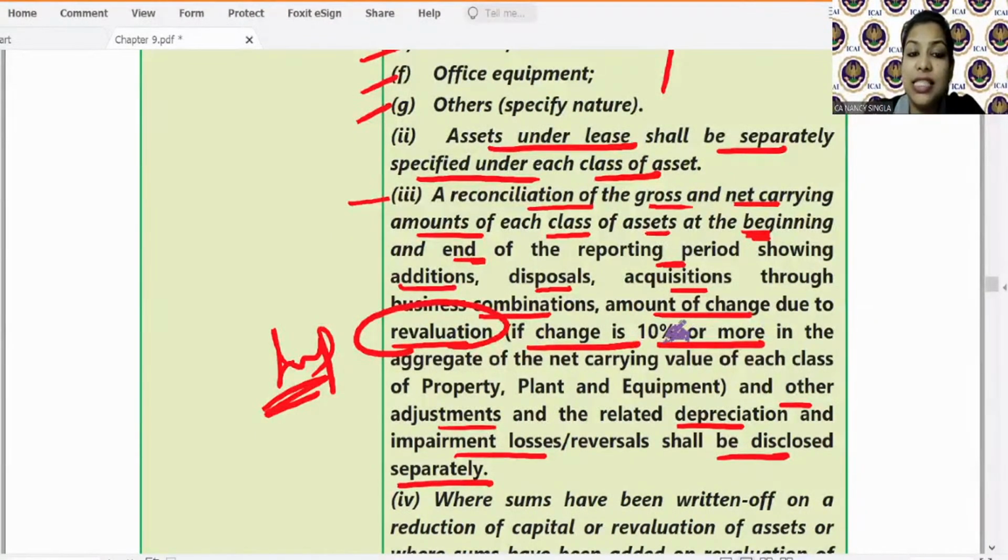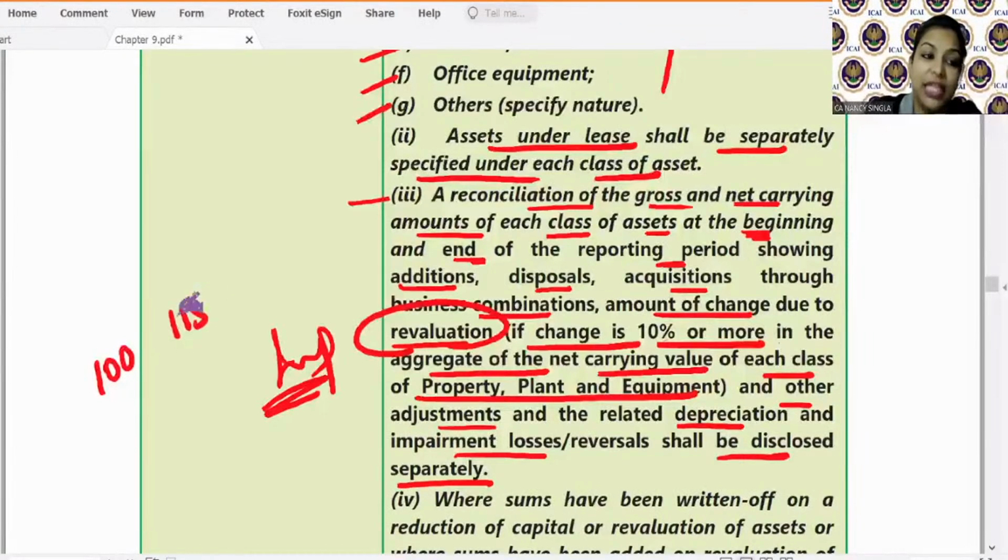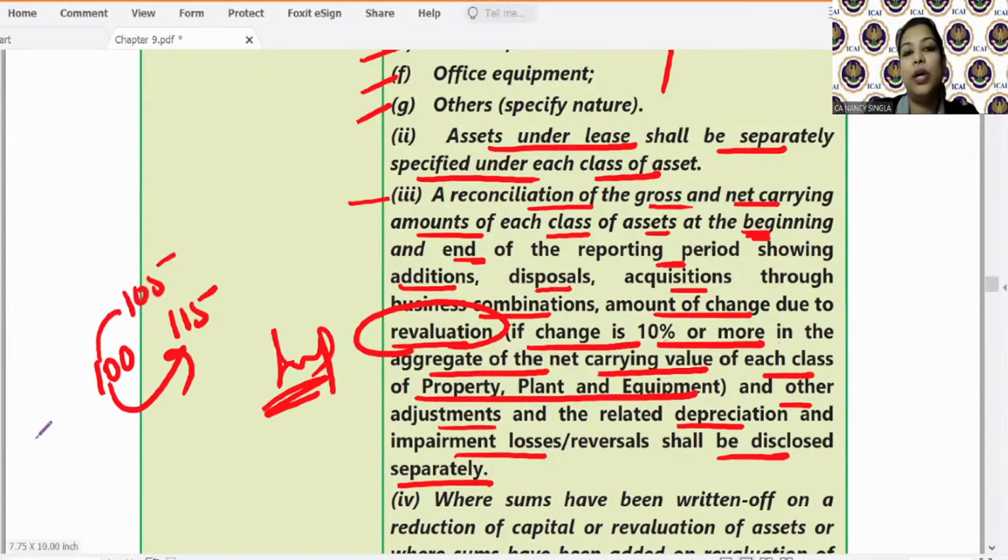If the change is 10% or more in the aggregate of net carrying value of each of property, plant and equipment, then that will be shown here. Clear? 10% or more, है ना? If let's say 100 का value है और आपको 115 पे revalue हुआ है, तो this will be shown. But अगर ये आपका 105 पर ही revalue हुआ है, less than 10%, it will not be shown separately. ठीक है? Is it clear?